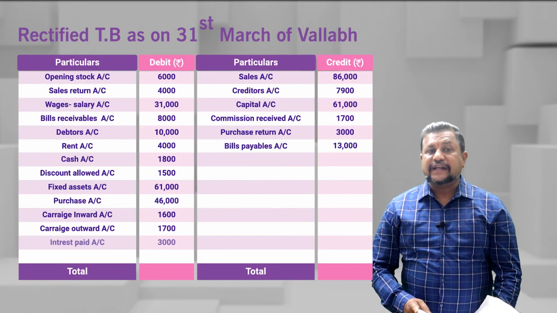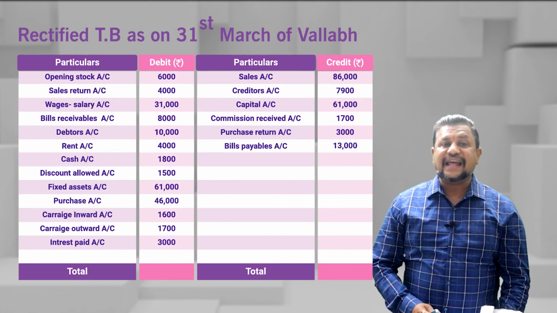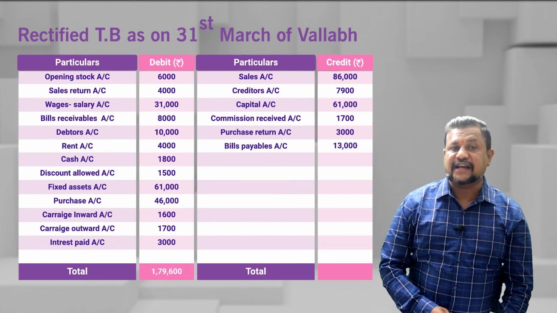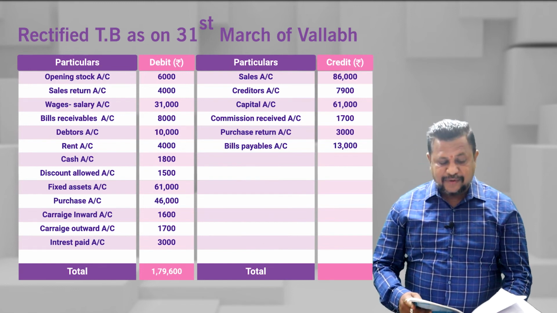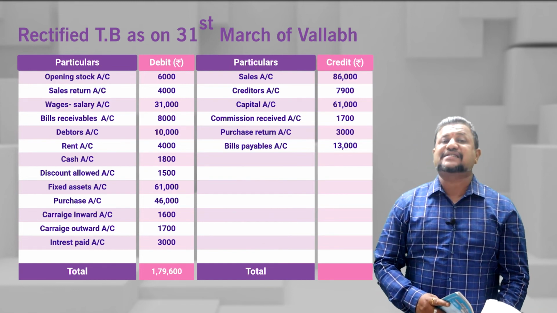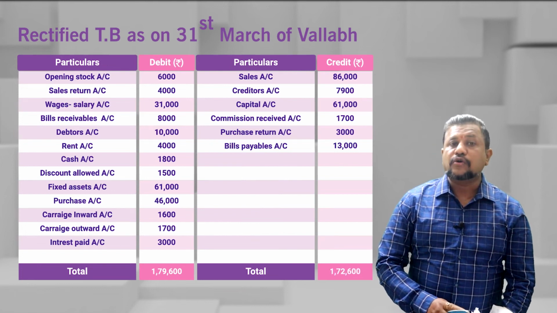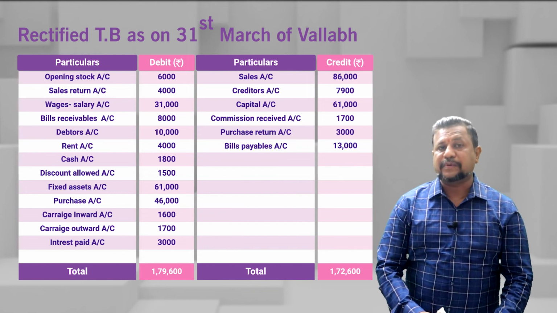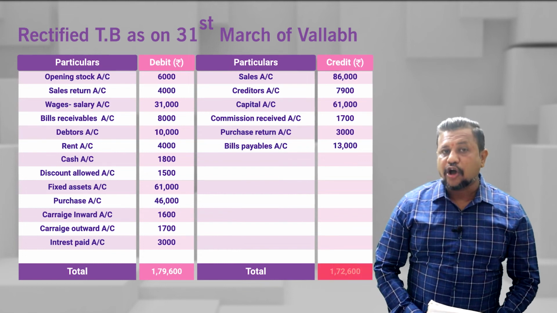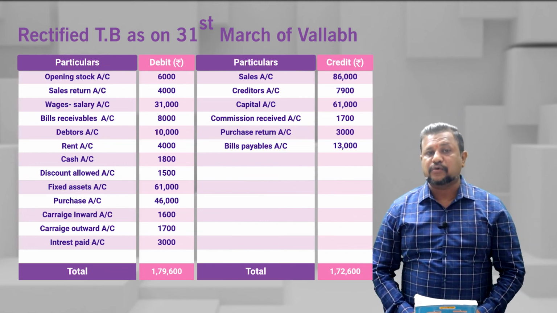Well, now if you take the debit total of the trial balance, it will be 1,79,600, while if you take the credit total of the trial balance, it will be 1,72,600. So there is a difference of 7,000 rupees. Credit side of the trial balance is less by 7,000 rupees.